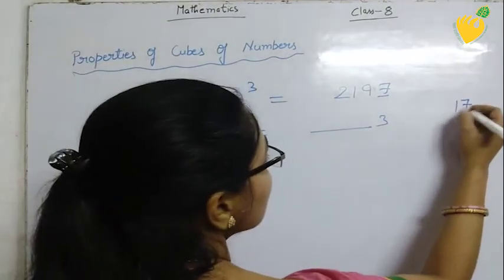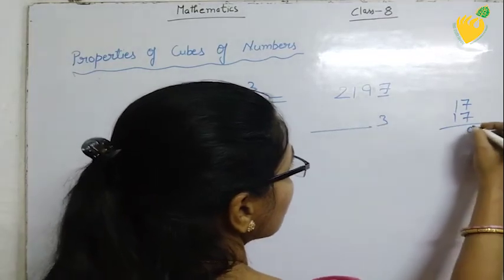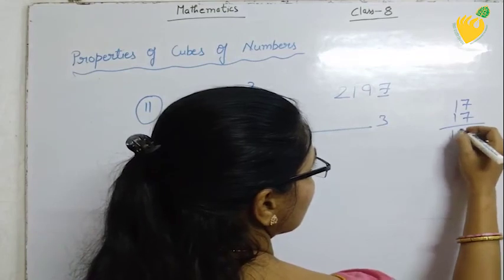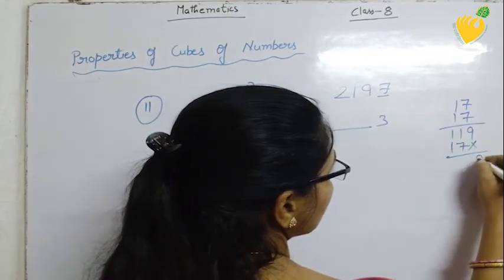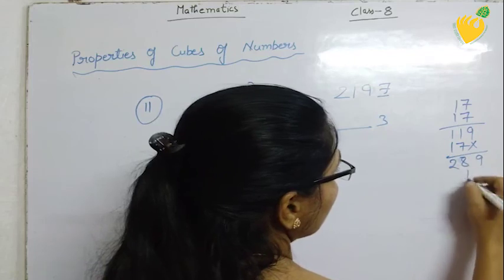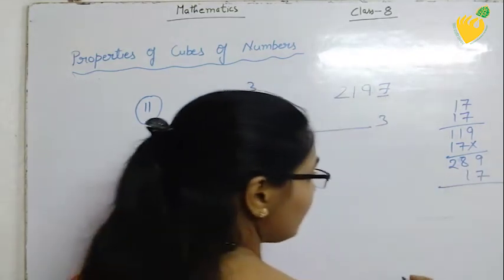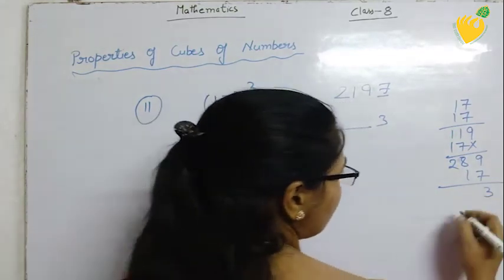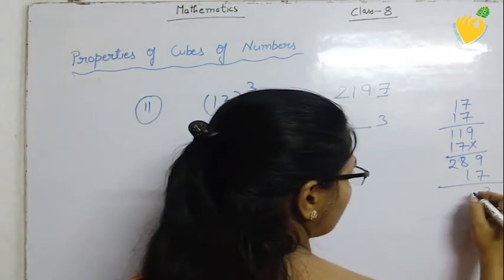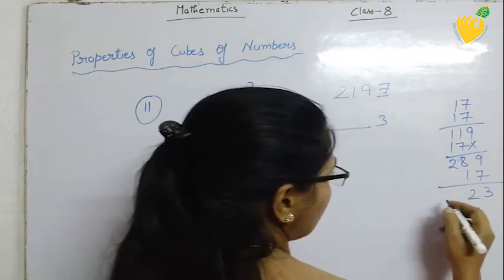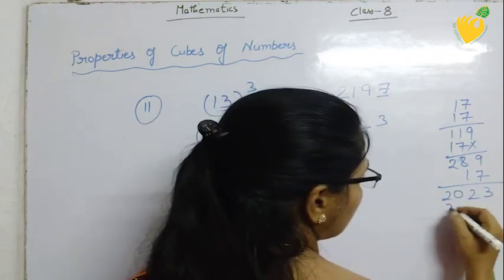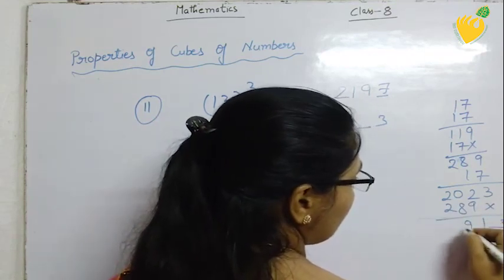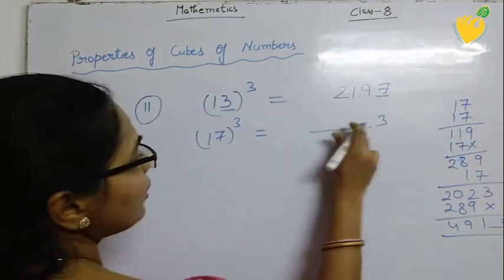See how, 17 into 17 is 289, multiplied by 17 is 4913.